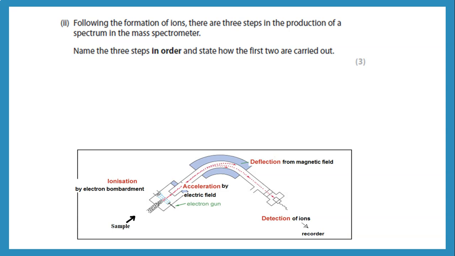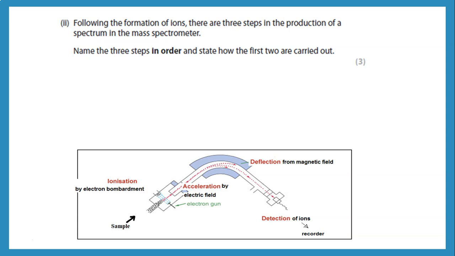And he is saying name the 3 steps that occur after that in order and state how the first 2 are carried out. Okay, so again, in a mass spectrometry, we said the sample is vaporized, then bombarded by an electron gun or a beam of high energy electrons, it is ionized.